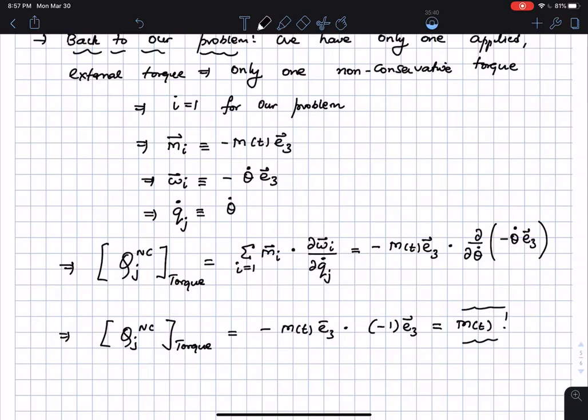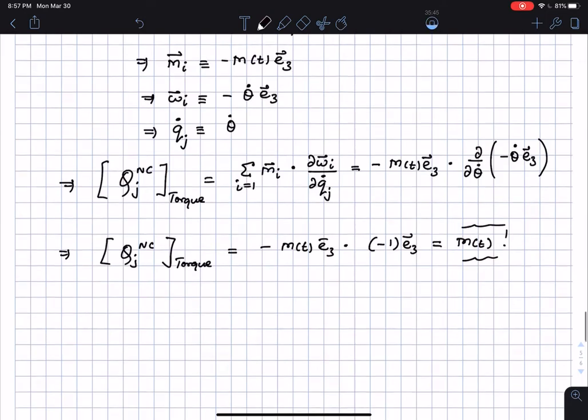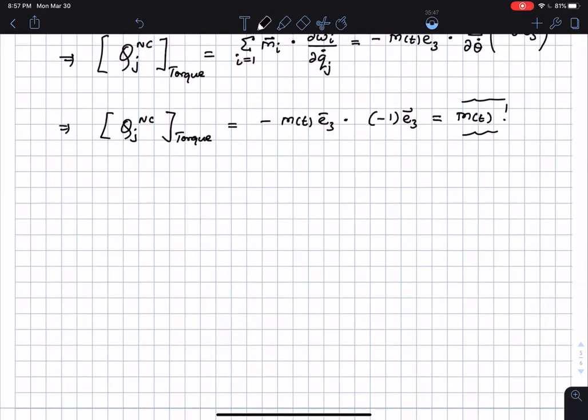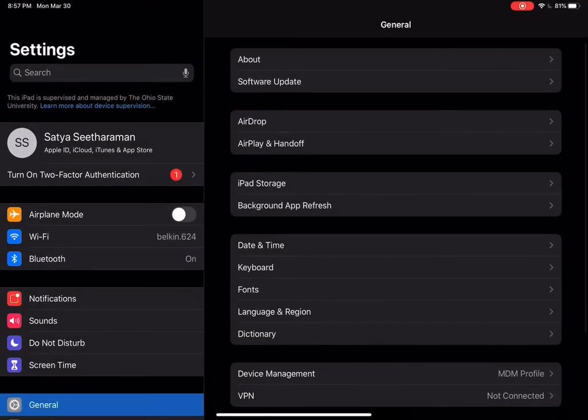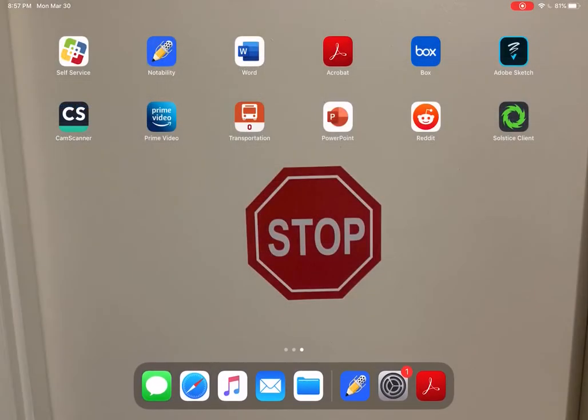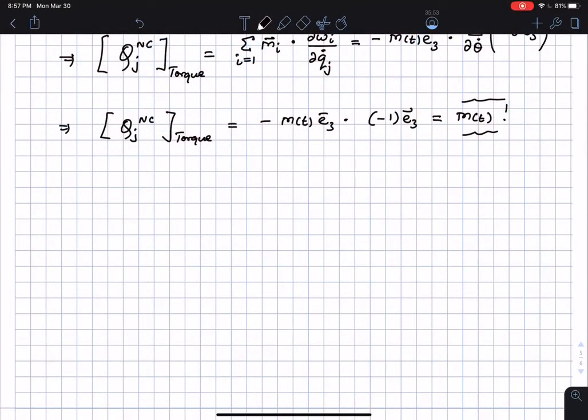This is what was expected if you solve this problem using the Newton-Euler method. Now we go back to our problem. I'm sorry, I kind of skipped the screen there. We write the Lagrangian, which is T minus V, and we bring back the kinetic energy and potential energy from before.